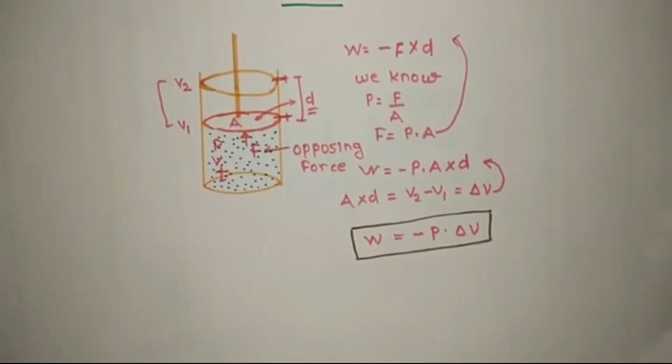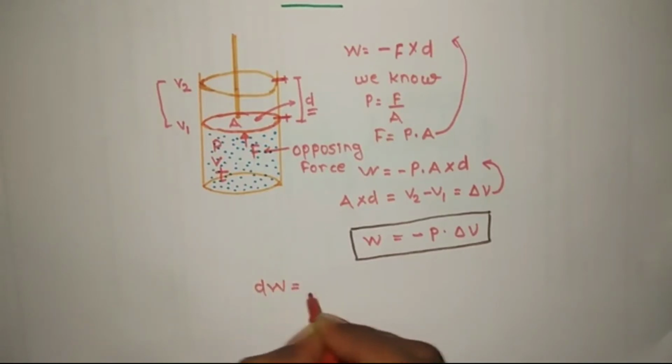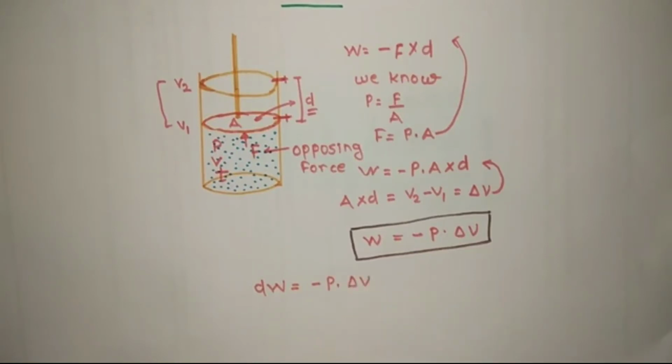The work we have right now is for a small change, which we denote as dW equals minus P del V, and we can get the complete work by integrating this equation: W equals minus integral P del V between the limits V1 to V2.